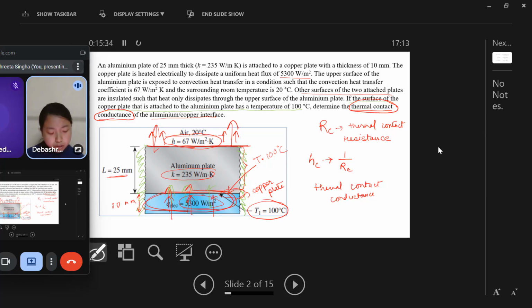Now, to solve this problem, we'll again draw the resistance diagram for this.